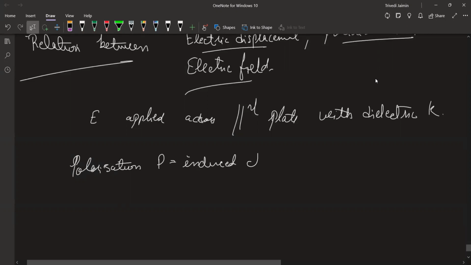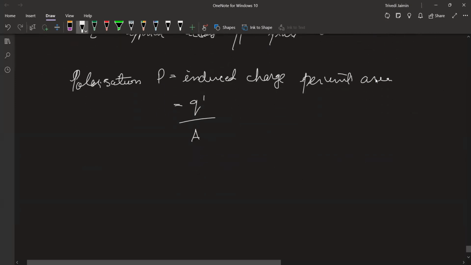P equals the induced charge per unit area, Q by A. P equals Q by A.